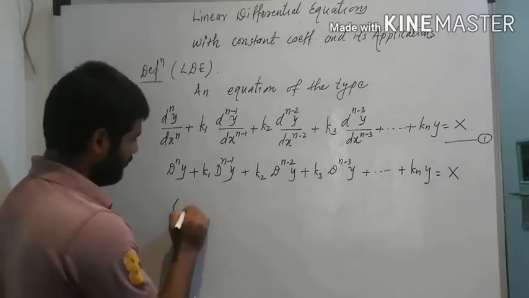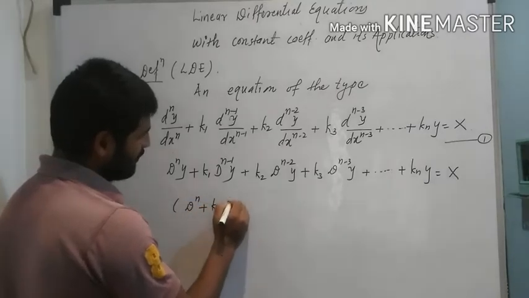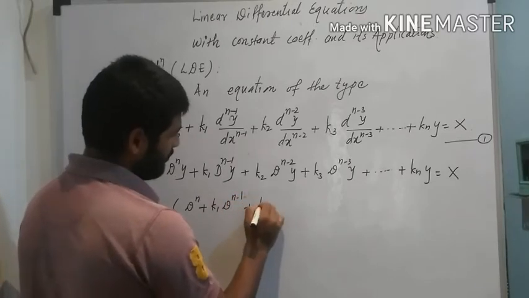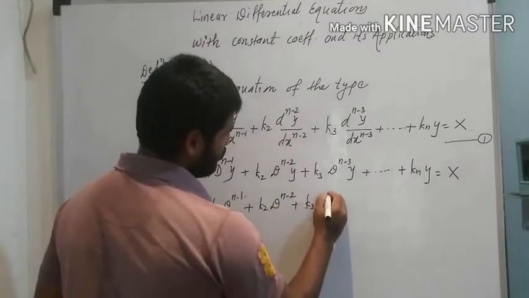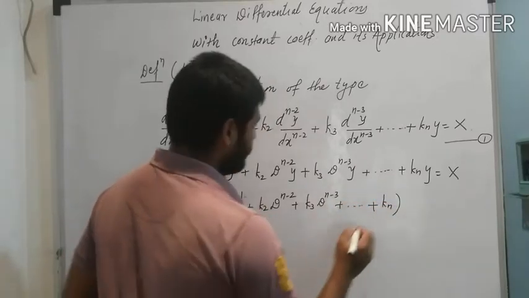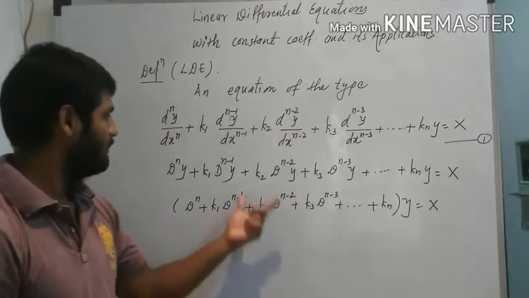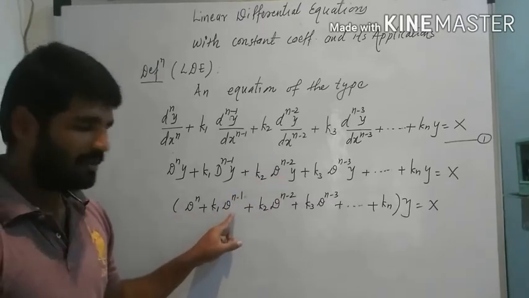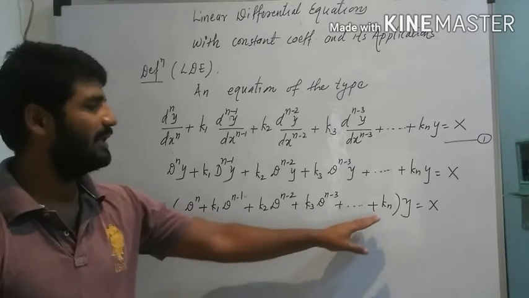This can be written as: in brackets, D raised to n plus k1 into D raised to n minus 1 plus k2 into D raised to n minus 2 plus k3 into D raised to n minus 3, and so on, plus the last term kn, into y, equal to capital X.